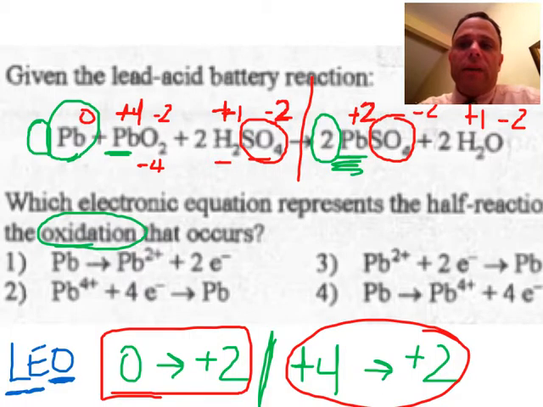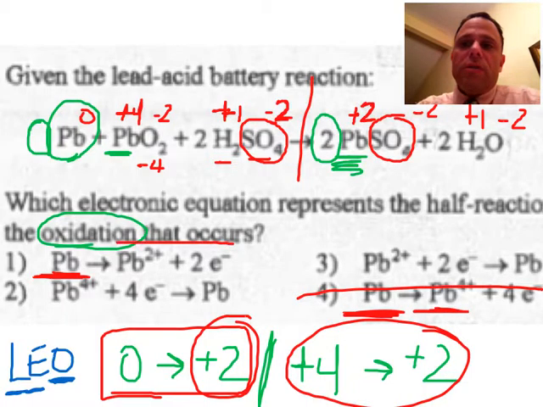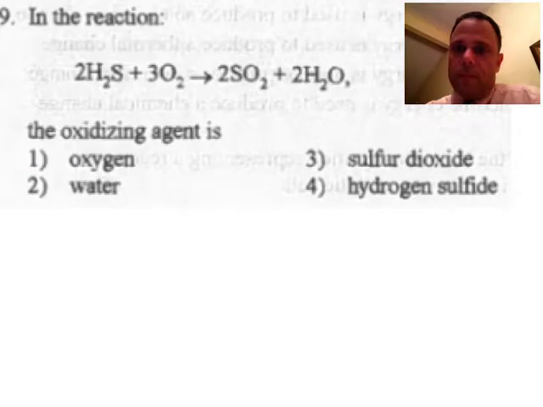Now which one represents that? I see lead here as the 0, and it has to move to the +2. This one's showing the +4. This one's showing that it's moving to the +2 and losing 2 electrons.